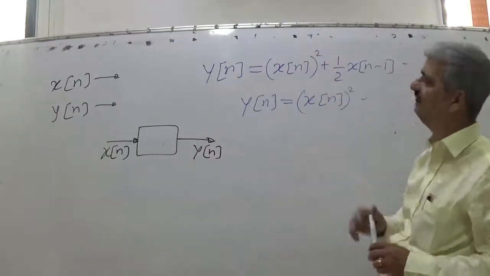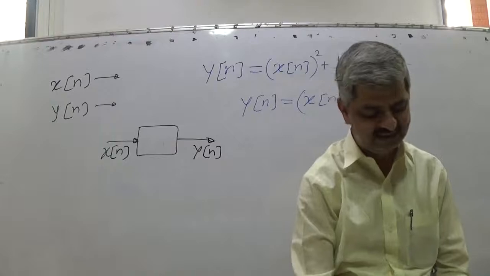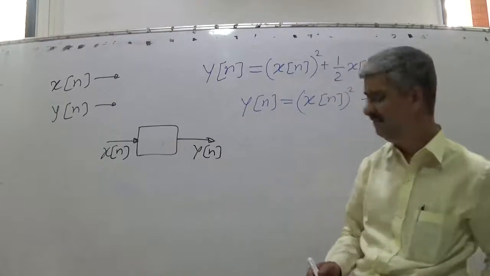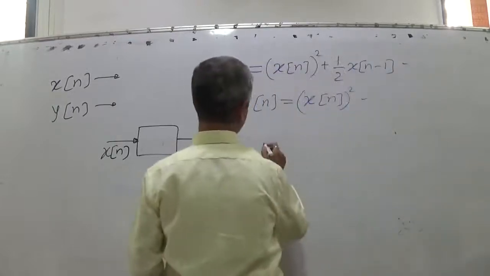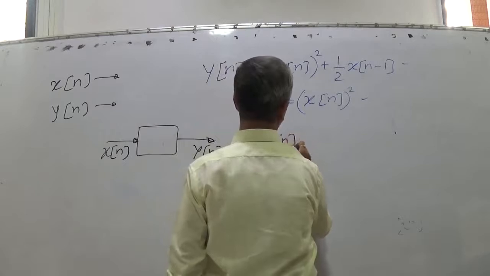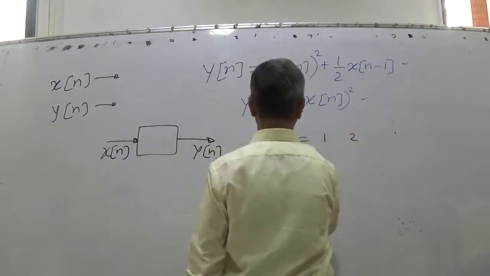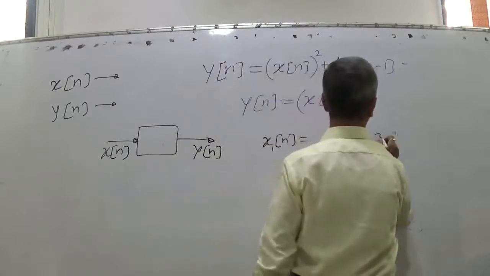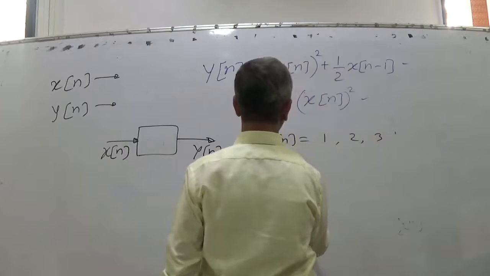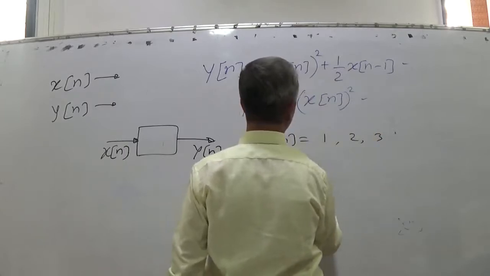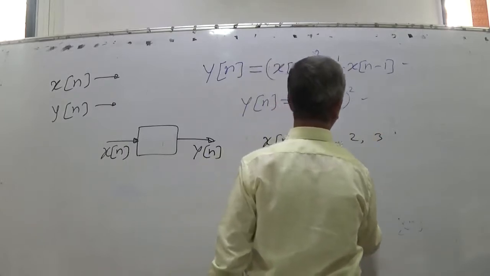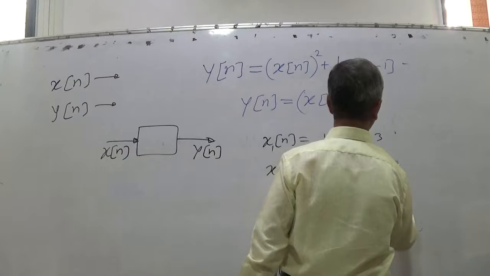So whether this system is linear, we can very easily check. Let x1[n] be 1, 2, 3 and let x2[n] be 5, 7, 9.